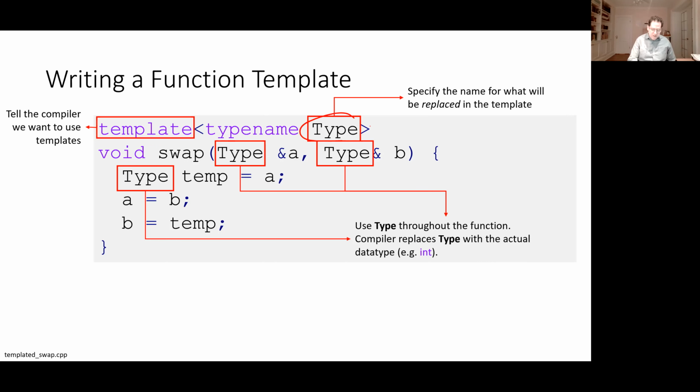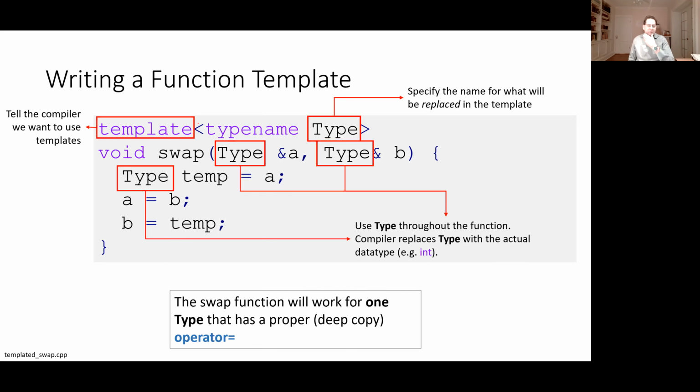Type is a common name that you would use for this type that you can essentially select, but it doesn't have to be that name. It could be anything you want. Okay, so the code after this template prefix looks the same as before, except instead of saying int or double, I just say type. And when we use this function, the compiler will actually make a version with the proper type.